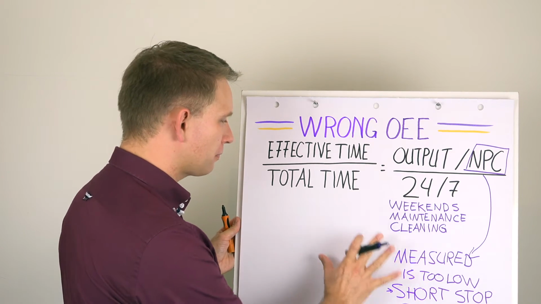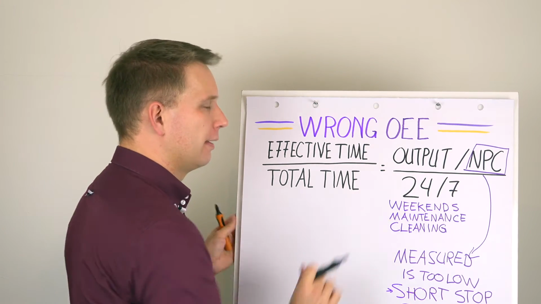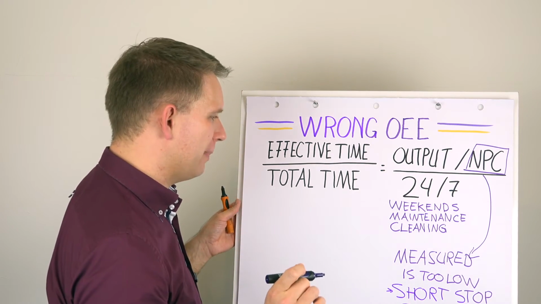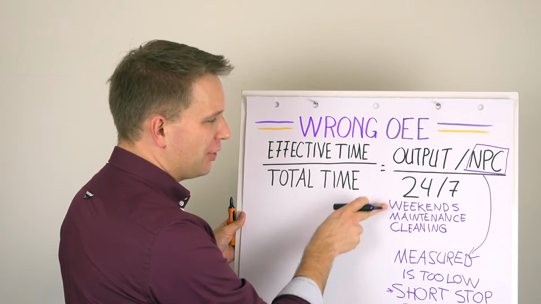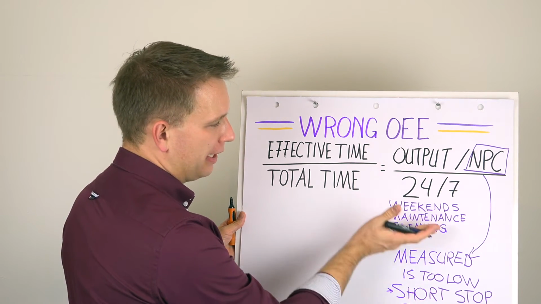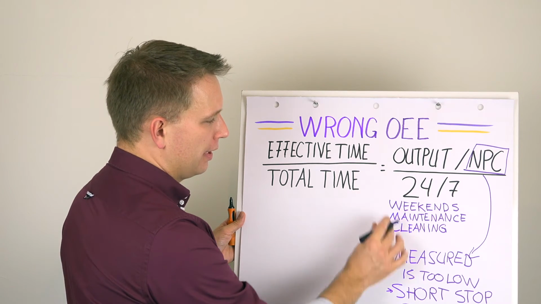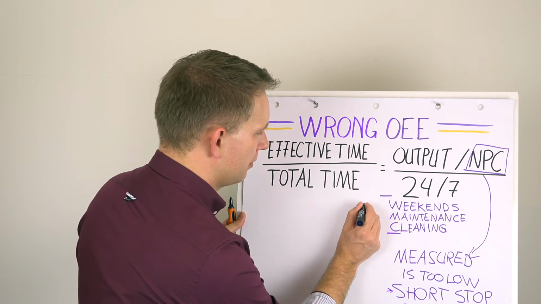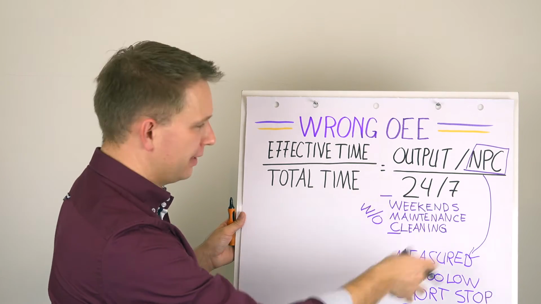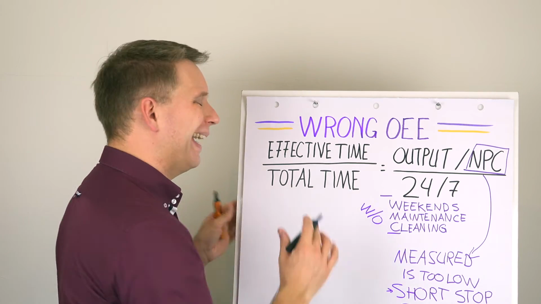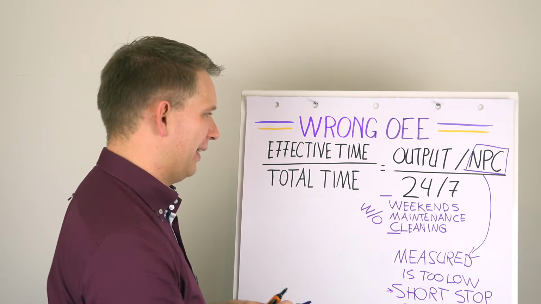First off, let's take the wrong total time, and with this going out, especially if you take even the big cleanings out, what we get without weekends, maintenance, big cleanings, we get operational effectiveness.